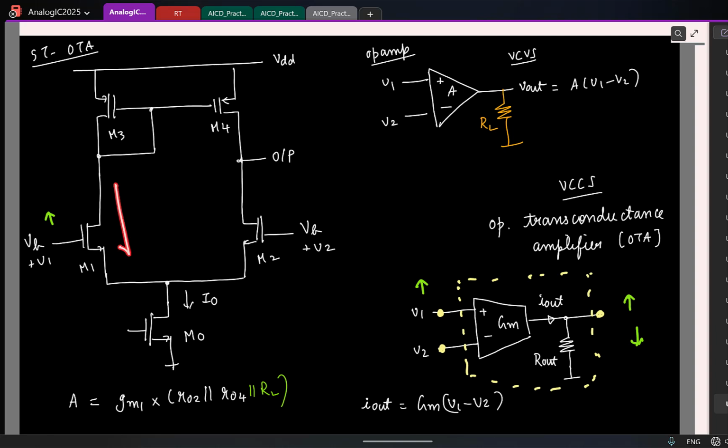So I'm pulling out more and more current from this node. If I'm drawing out more and more current, what will happen to this node voltage? That will reduce. So this voltage also reduces. Now, the gate voltage of the PMOS transistor is reducing. What can you say about the current in the transistor? That will increase. So I'll be pushing in more and more current into the output node. What will happen to the output voltage?